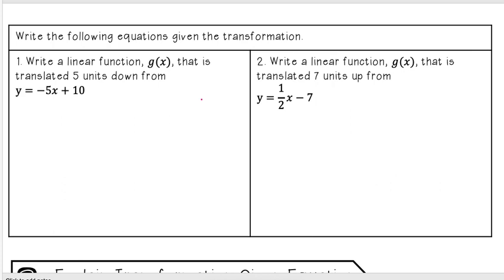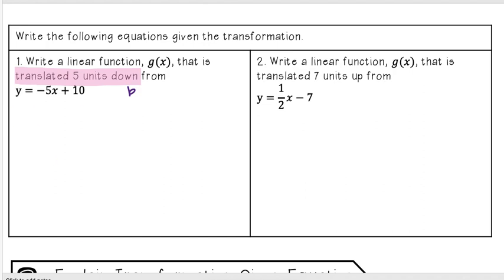Okay, so now I'm going to write the following equations given the transformation. I'm going to write a linear function g of x that is translated 5 units down from y equals -5x plus 10. So I'm going 5 units down. I know that's affecting my b value, my y-intercept. Since I'm going 5 units down, I'm going to subtract 5 from that y-intercept.